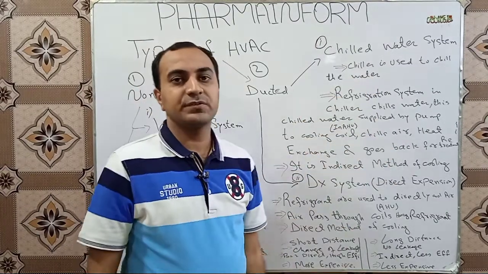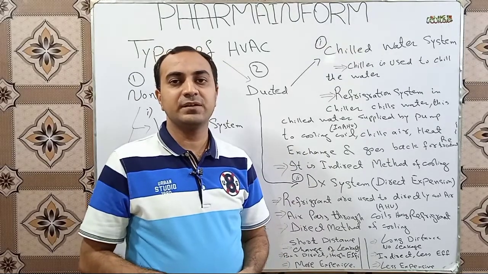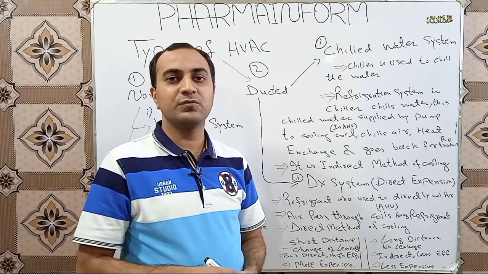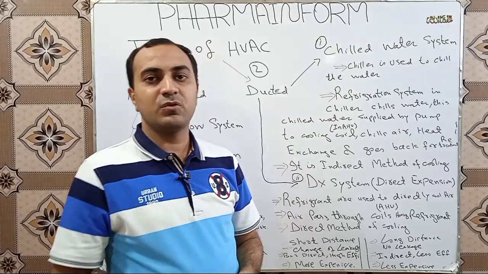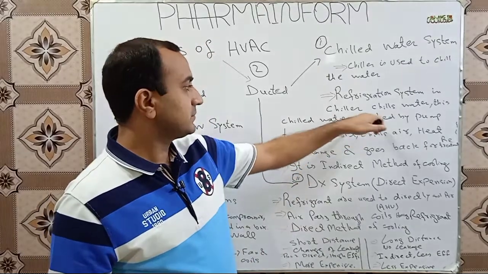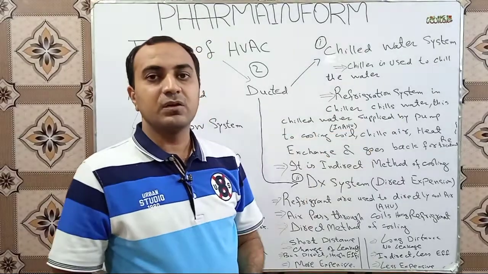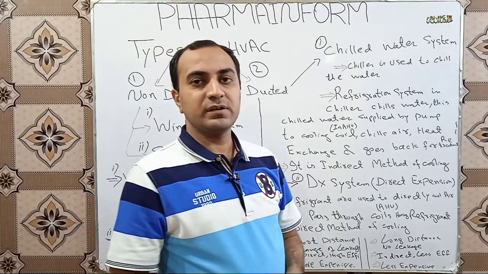So chilled water system is basically an indirect method of cooling, using the chilled water to cool the air.